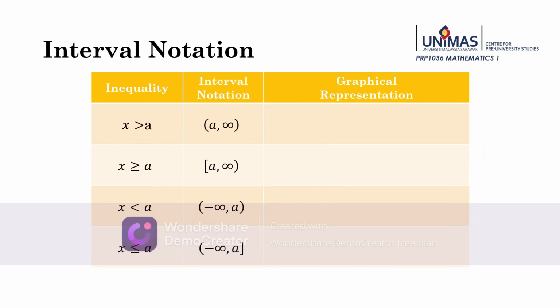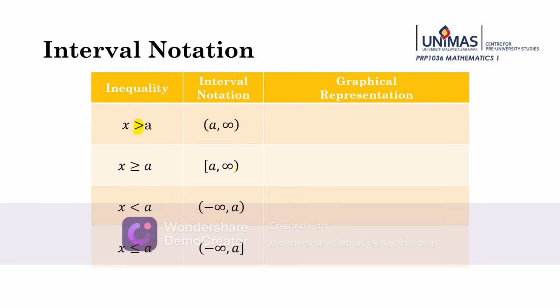If you have one-sided, you look at the direction of the inequality. This one we always call the arrow. This one, the arrow points toward positive infinity. So your interval notation is from a to infinity.